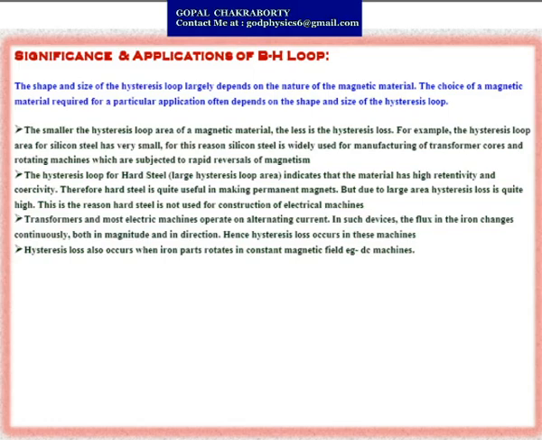Transformers and most electric machines operate on alternating current. In such devices, the flux in the iron changes continuously, both in magnitude and in direction. Hence, hysteresis loss occurs in these machines. Hysteresis loss also occurs when the iron parts rotate in constant magnetic fields, as in DC machines. So these are the significance and applications of the BH loop.